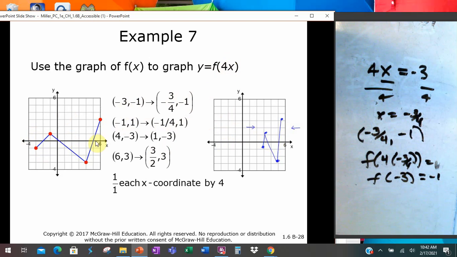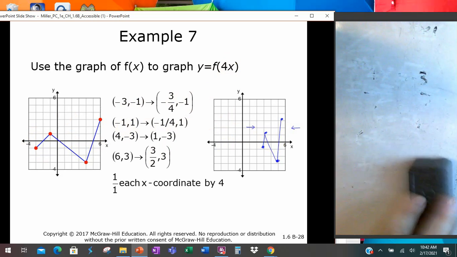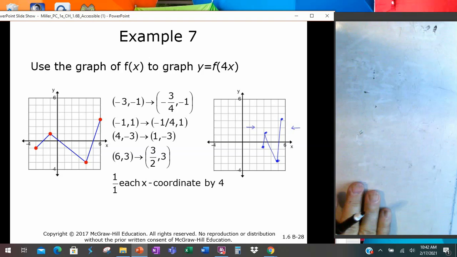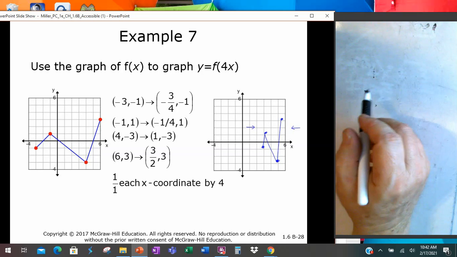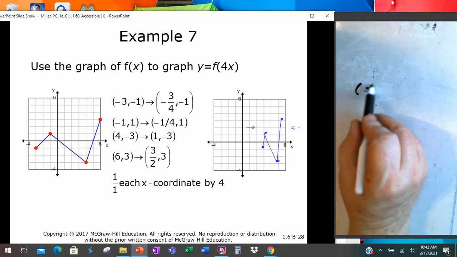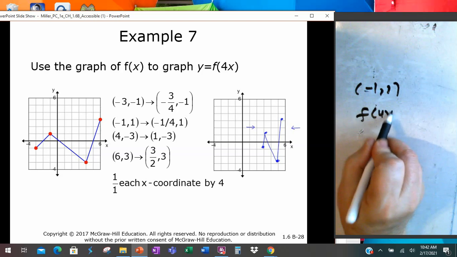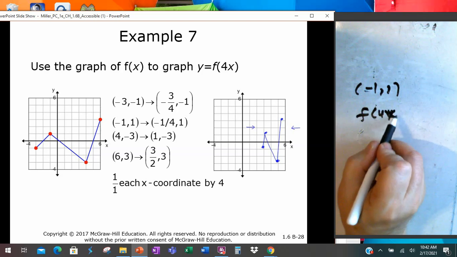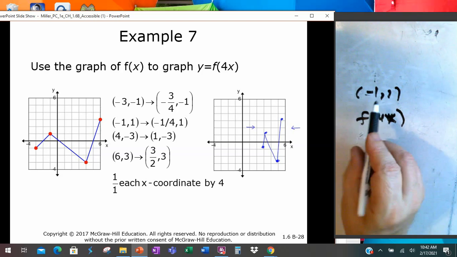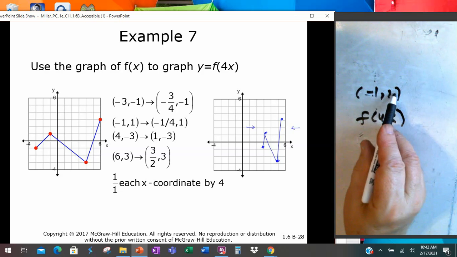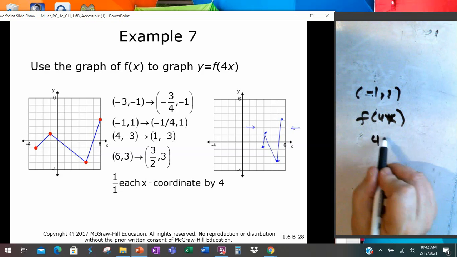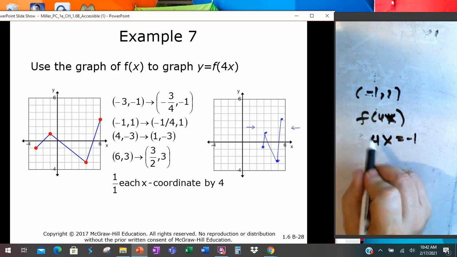Again, I want to know when 4x is equal to -1. This is a publisher slide, so I just picked them up. I know what the point -1, 1 goes to. Where is my new point when 4x is equal to -1?